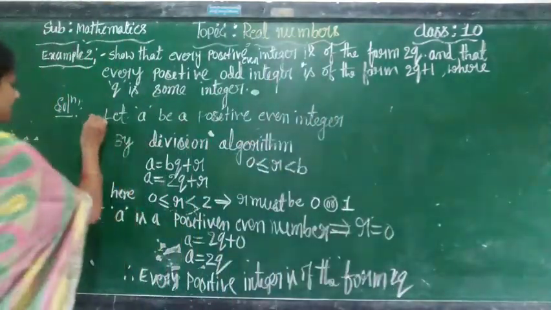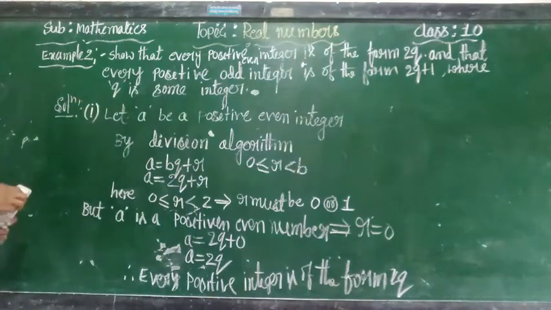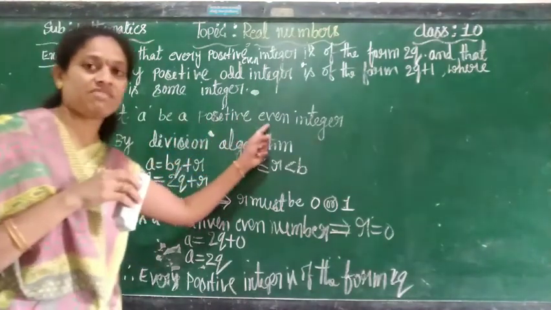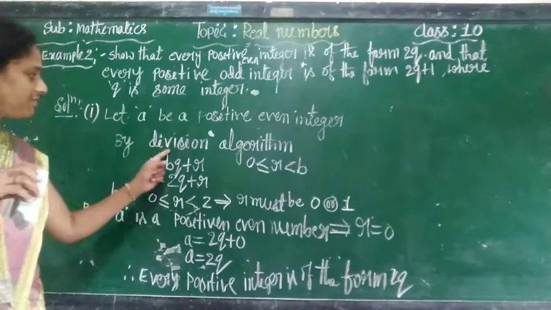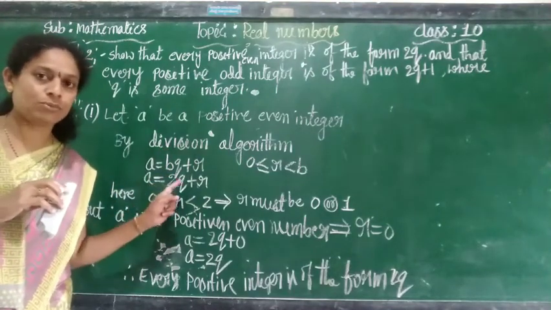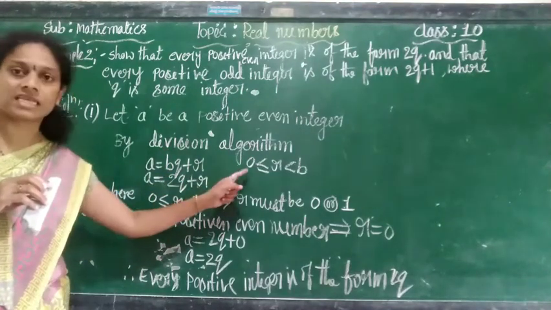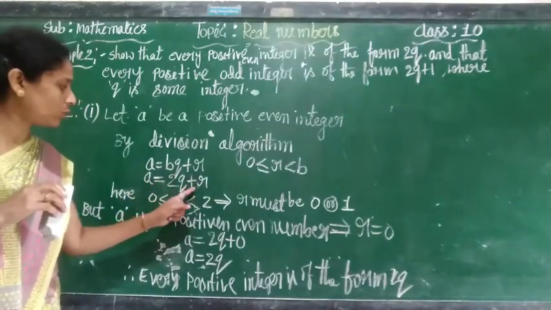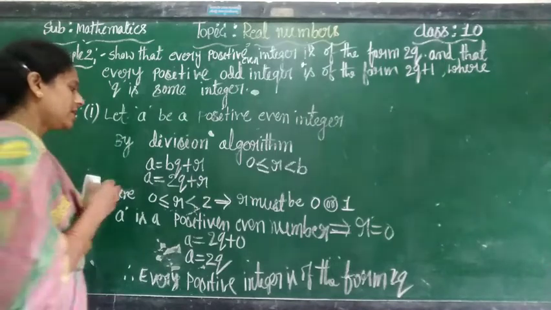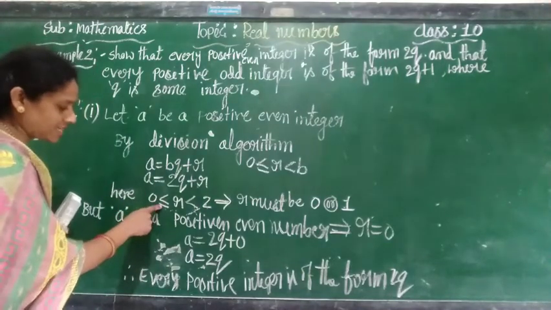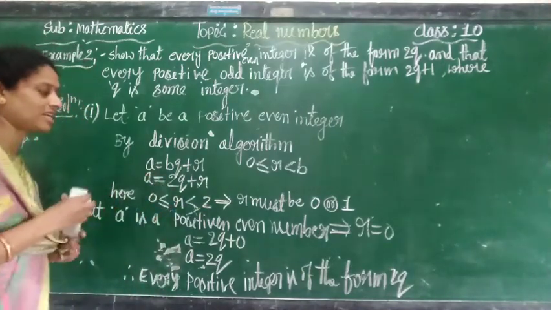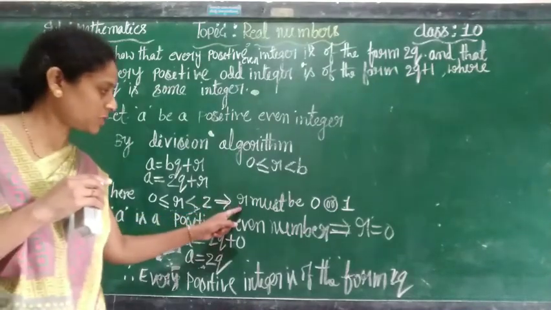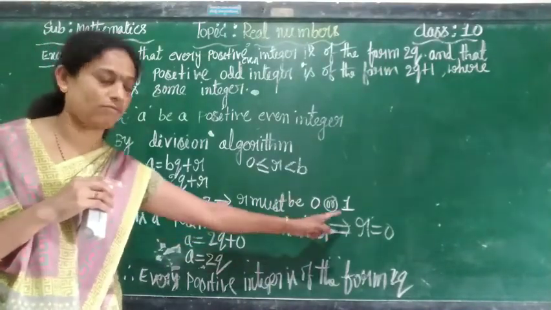So once again, this is the first one. Let a be a positive even integer. By division algorithm, a is equal to bq plus r, where 0 is less than or equal to r less than b. So a is equal to 2q plus r. Here 0 is less than or equal to r less than 2. So r must be 0 or 1.